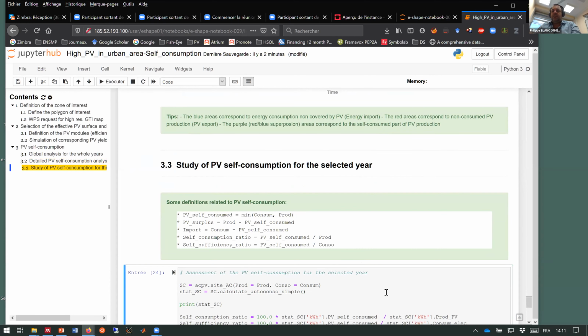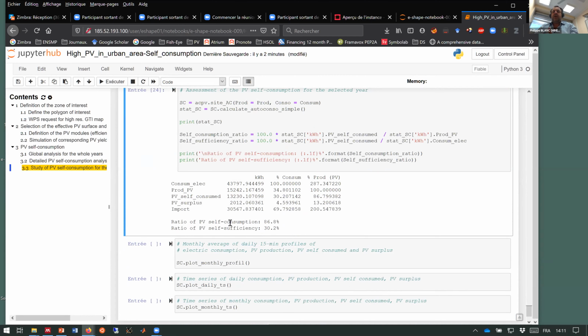And then you can do a computation, and you can see that, okay, in that year I have consumed, let's say, 43.8 megawatt hours. I have produced 15 megawatt hours, but only a part of this production has indeed been consumed by my house, and this part is 13 megawatt hours, corresponding to 86% of my PV production.